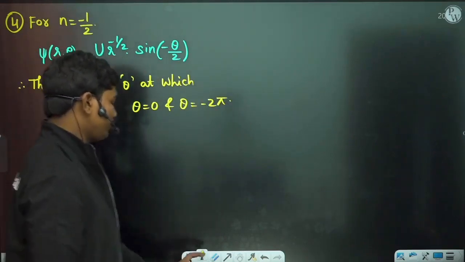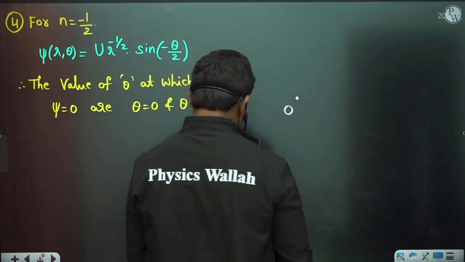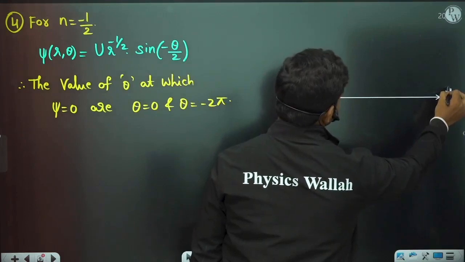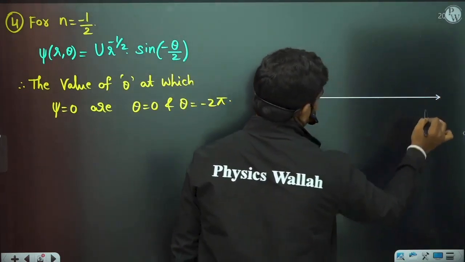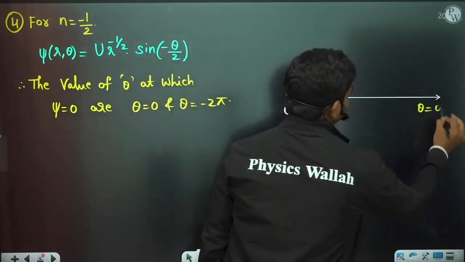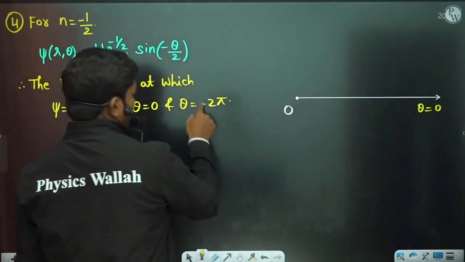In this case, if you observe, you will see one good thing. This is the origin as usual. Theta equal to 0 is this, and theta equal to this value is this. Theta equal to 0, of course. Normally you measure angles in the anti-clockwise direction, but this is minus 2 pi.